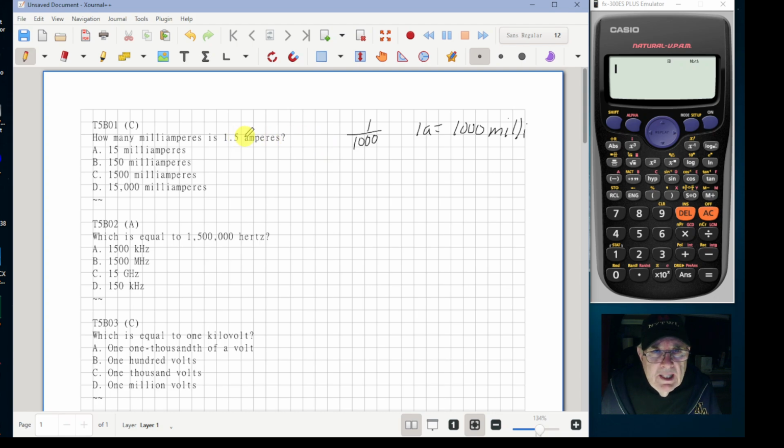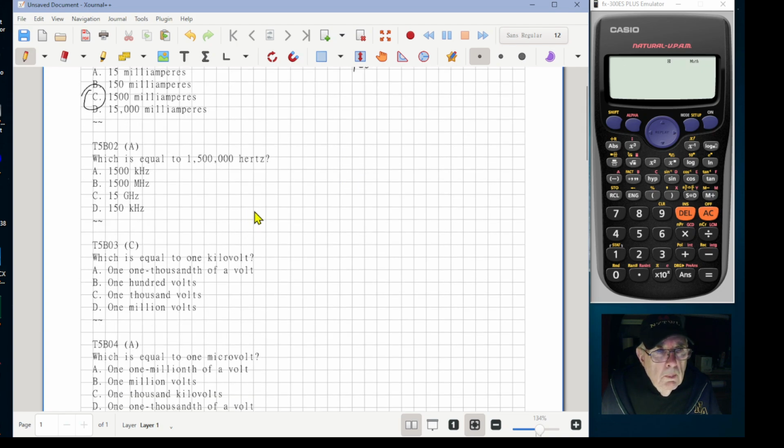So we have 1.5 that amount. So we come down here and it's going to be 1500 milliamps is the same as 1.5 amps. So we're going to choose answer C.